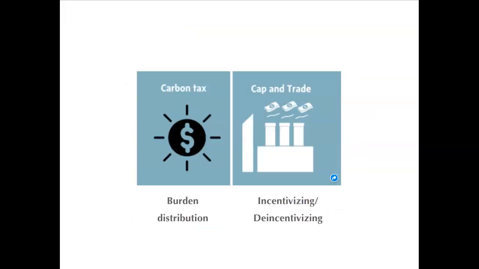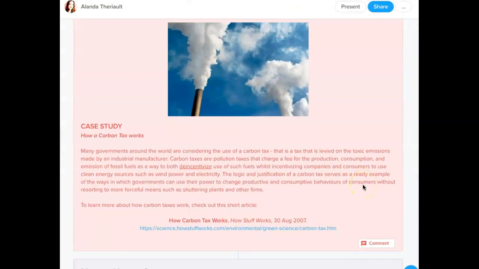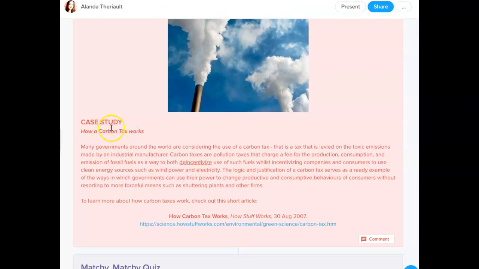So one example of the incentivizing and de-incentivizing that governments can do is with the environmental question about carbon tax. So currently, many states, including the government of Canada, have been crafting and working with ideas to create a system of a carbon tax. And you can learn more about carbon taxes more specifically in our case study in our notebook for this module.